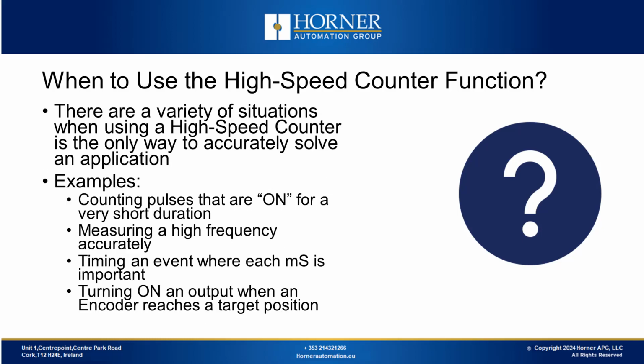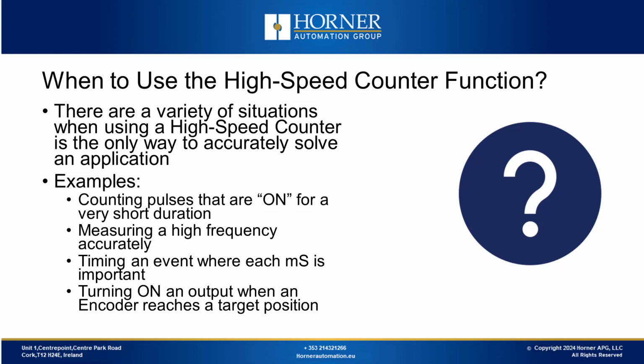There are a variety of situations in which you would need to use a high-speed counter function. For example, accurately counting pulses that are on for a short duration. They are also an important tool to accurately measure high frequencies. In today's demonstration, we will be using a high-speed counter to time an event where each millisecond is important.